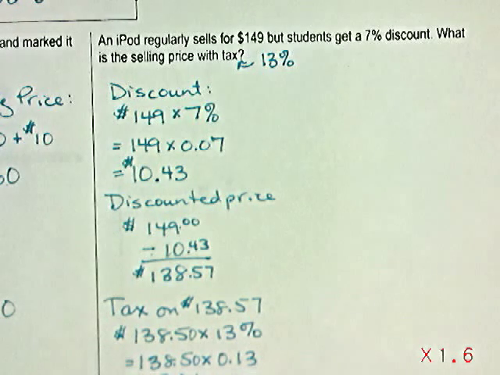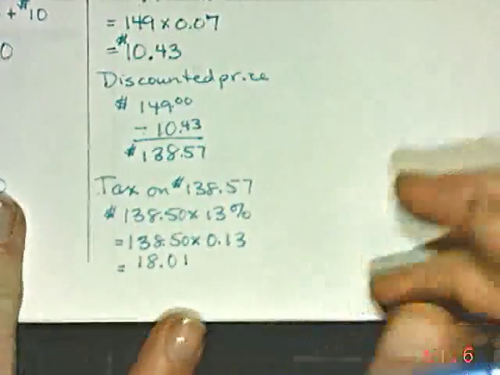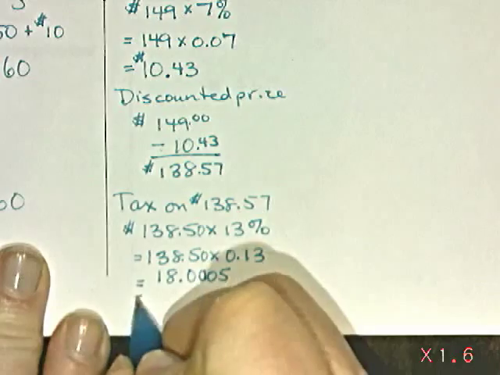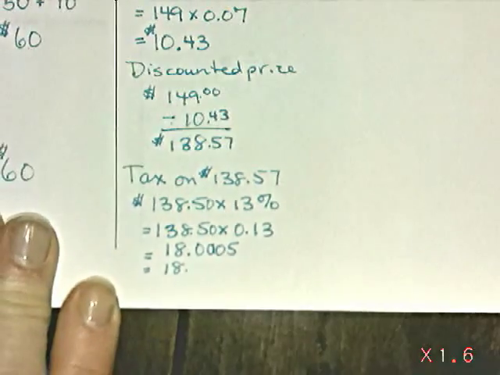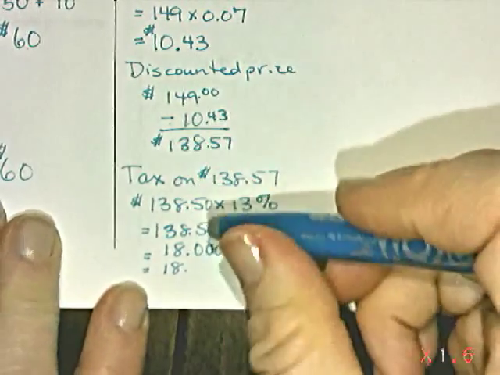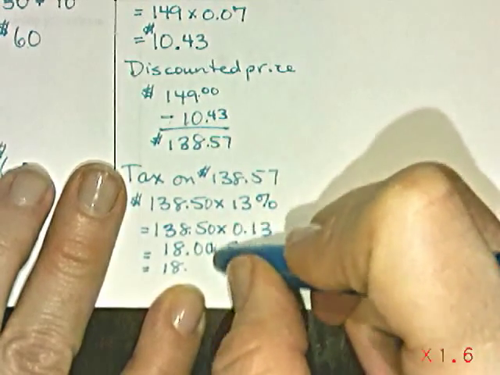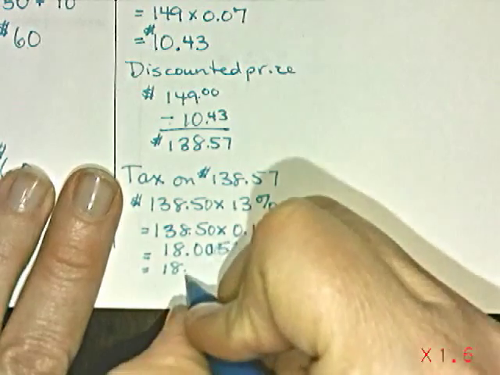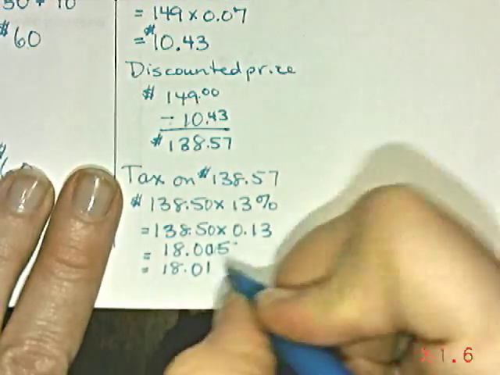.013 times 138.5. Oh, there's the problem. We get 18.005. And so if we were charged that cash, they would, of course, oh, sorry, one too many zeros. They would round that up to a penny, and so 18.01.